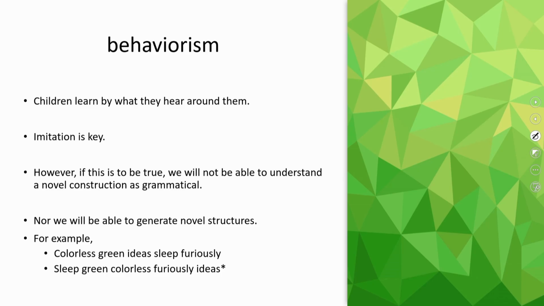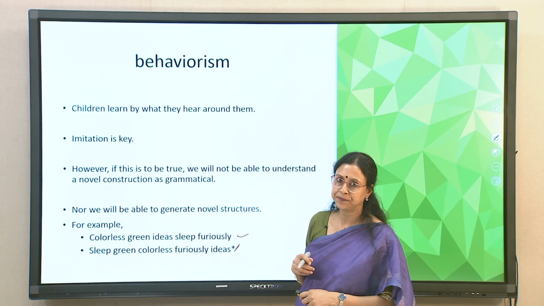The first sentence is grammatically correct even though it has no meaning, but the second sentence is ungrammatical. This is how we denote ungrammatical sentences, with an asterisk. They will be able to say that the second sentence is grammatically incorrect. This is the argument against behaviorism.